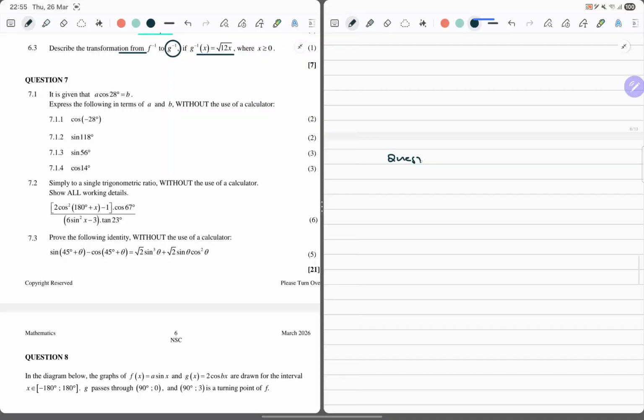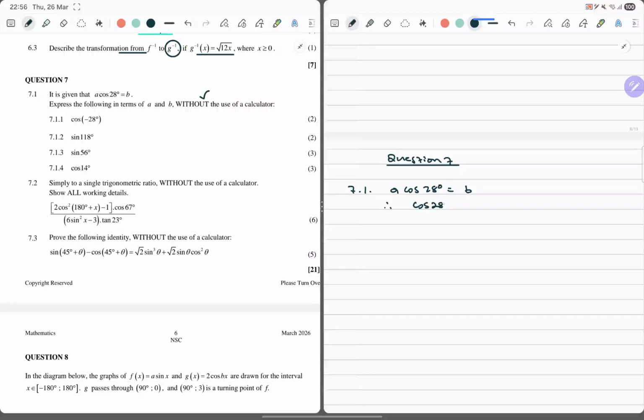So question 7. Let's see. It is given that a cos 28 equals b. Well, we have to express the following in terms of a and b without the use of a calculator. So that's easy. 7.1, we've got a cos 28 degrees equals b.